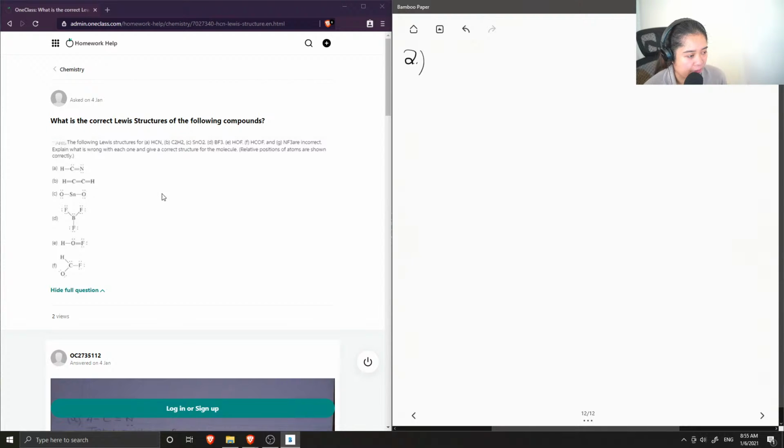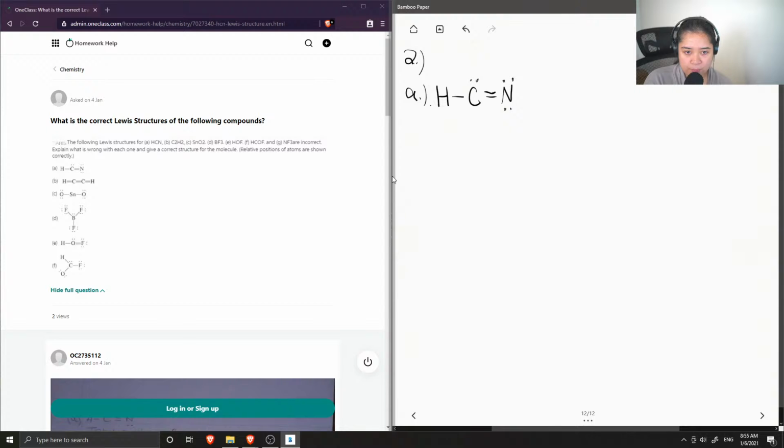Explain what is wrong with each one, and give a correct structure for the molecules. This is an interesting take on the Lewis structure questions. So let's start off with writing the wrong molecule, just so that we can compare it and see what's wrong.